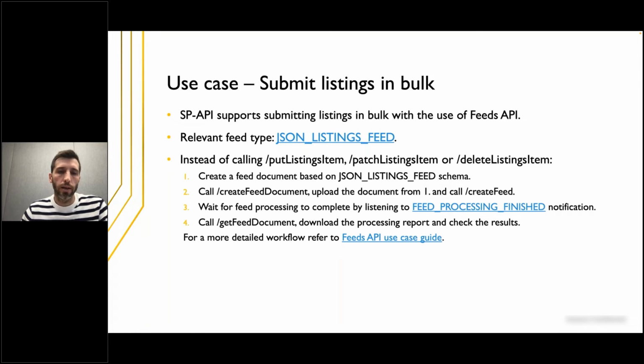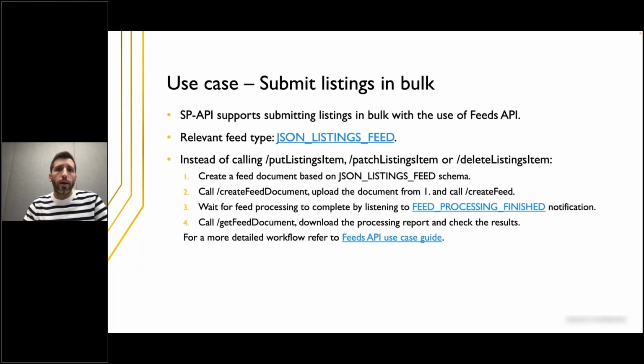So if you want to submit information for more than one product, instead of using the put listing item or the patch listing item operation, you should use this alternative. Everything that we saw before is for one-by-one submission, but it is, of course, the best practice, if you have more than one product to submit, to use the bulk alternative.